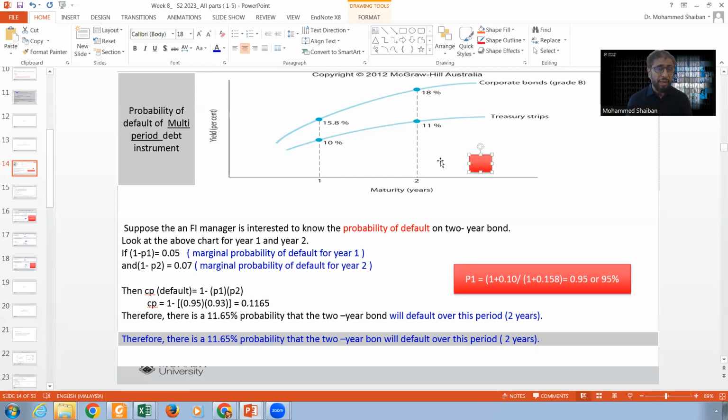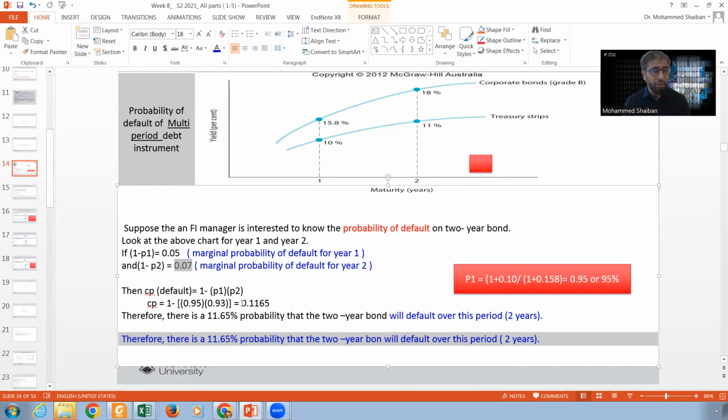So now, assuming just hypothetically, that I have the probability of payment of 95% for year one, and the probability of defaulting for the second year is 7% according to these numbers, I can calculate the accumulation of defaulting over 2 years or over 3 years, as long as I can get the I and K in years 1, 2, and 3.